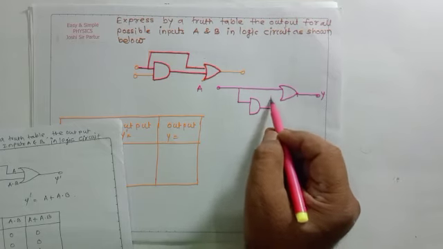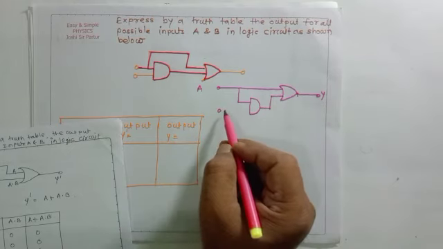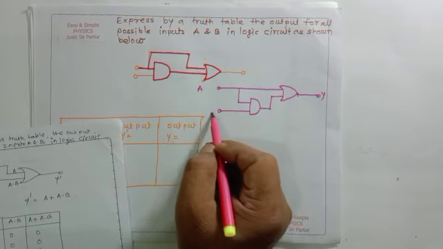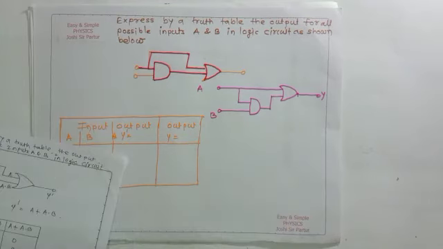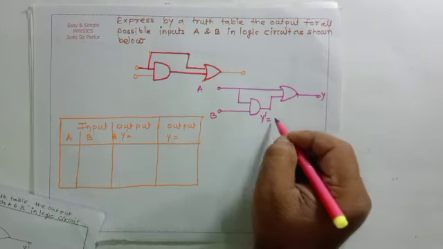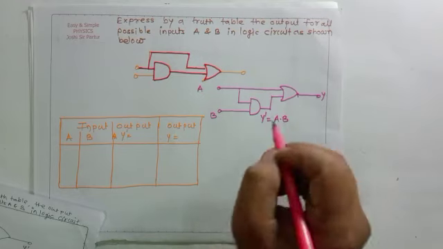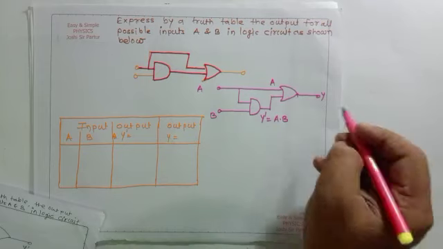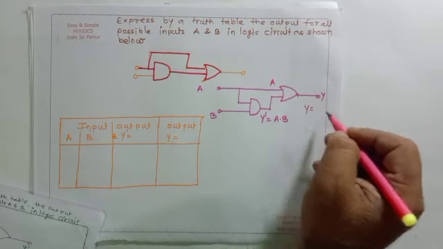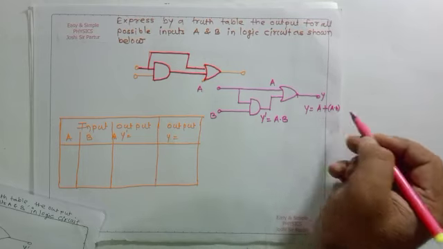The output of the AND gate will be another input of the OR gate, and the other input of the AND gate will be B. So it gives Y dash, which will be A and B. A and B will be the inputs, and A will also be an input. So the output Y for the OR gate will be A or (A and B).